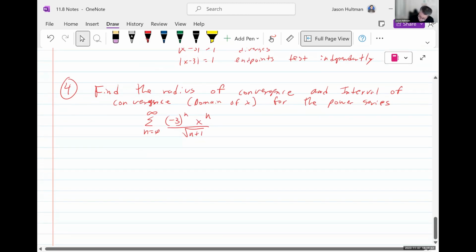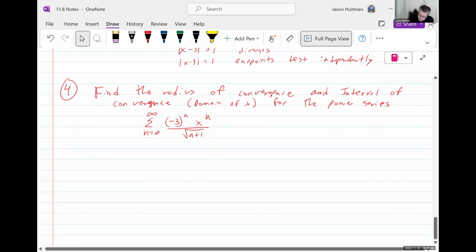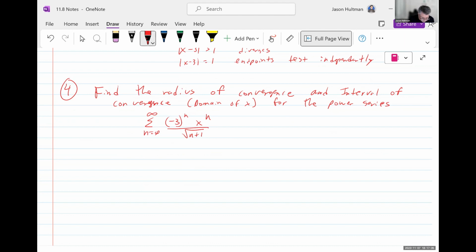So let's find out, when is this going to converge, and does it have a radius of convergence? And what is that radius of convergence?